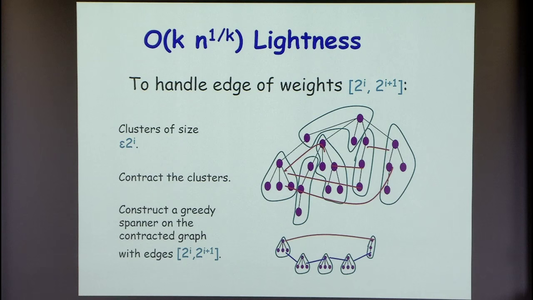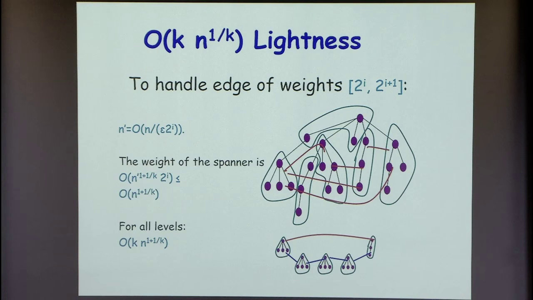Okay, so we only need to show now how much weight we pay for this level. The number of nodes in the graph that I constructed here is the number of clusters. That's the way we constructed it, which is roughly n over 2^i. And the greedy spanner guarantees that it will return a spanner with this number of edges.